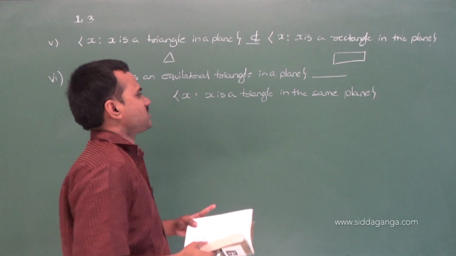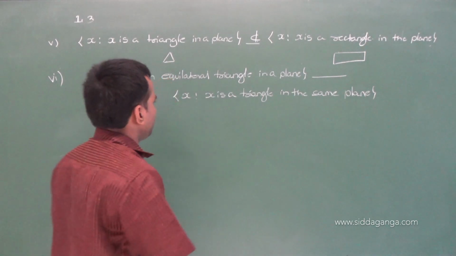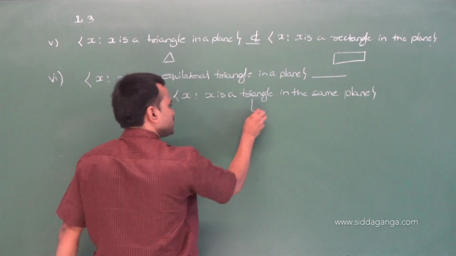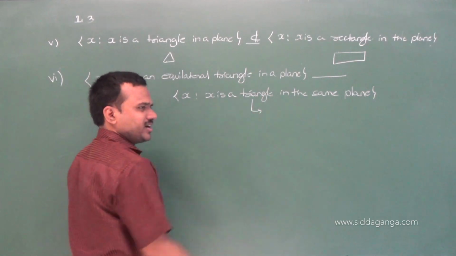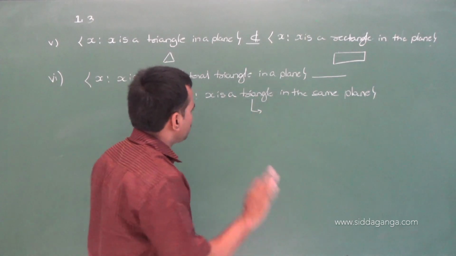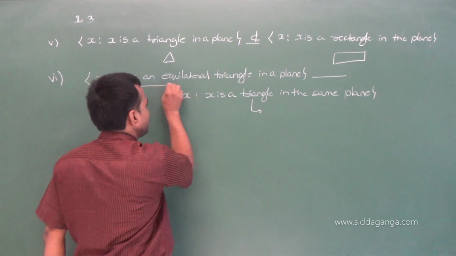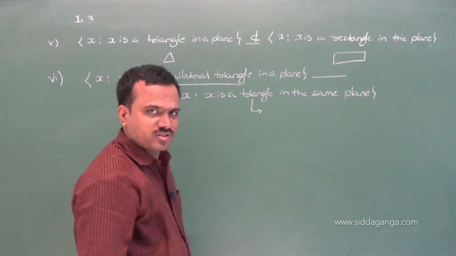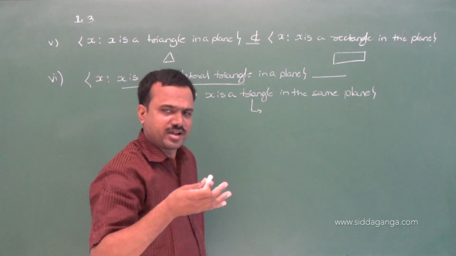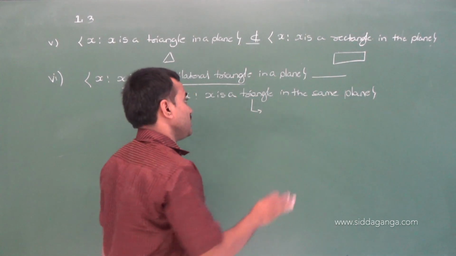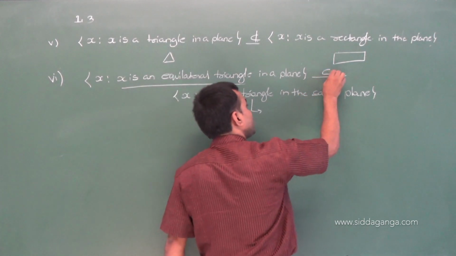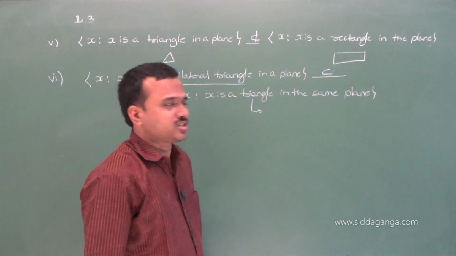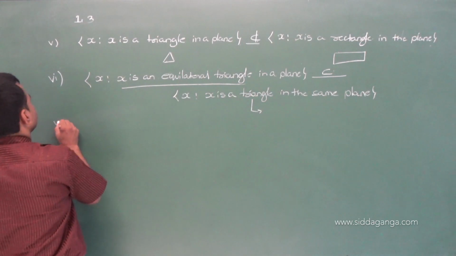So triangle means it contains equilateral, right angle triangle, isosceles triangle and so on. The first set is particularly equilateral triangles, and the second set may be all triangles: equilateral, isosceles, right angle triangle. No doubt it is a subset. Correct? It is a subset.